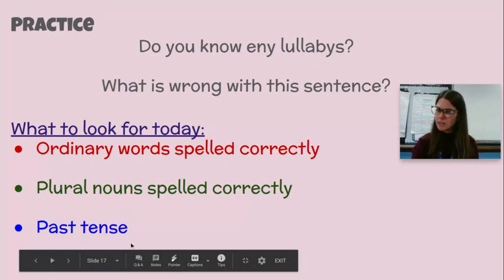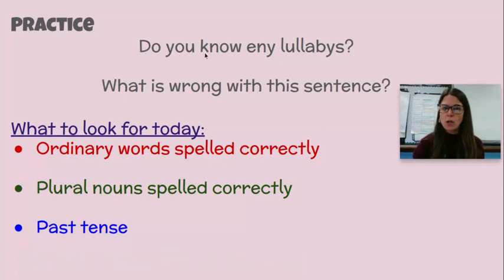So let's look for these 3 things in this sentence. Do you know? Those 3 words look right to me. Do, you, know. Those are ordinary words. Any. Is any spelled correctly? It is not. This E needs to be changed to an A. So that would spell any correctly.